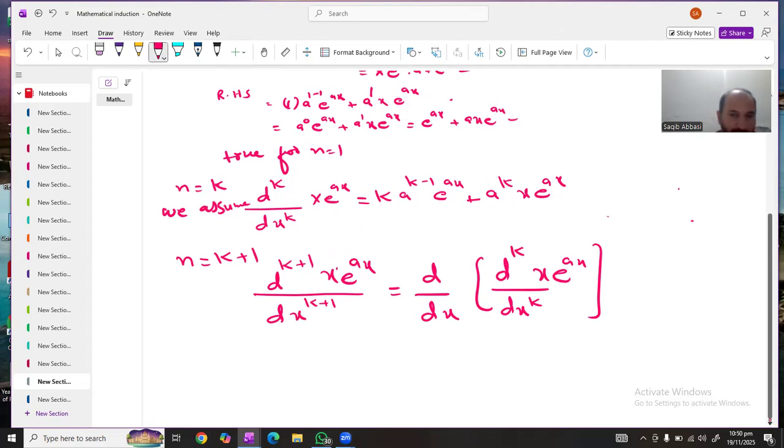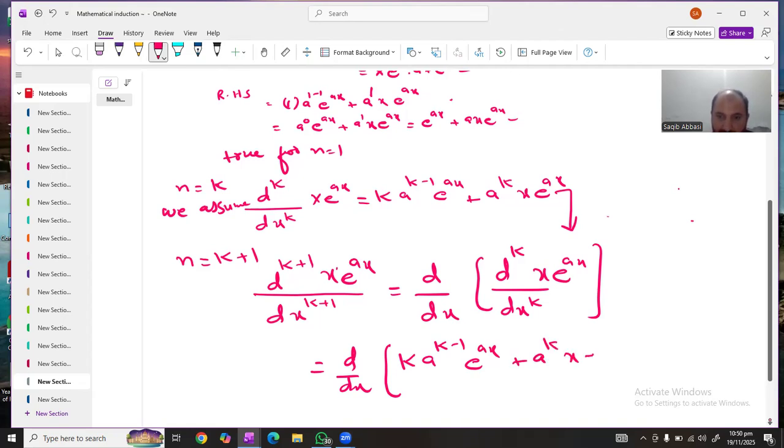We have to know about the indices rules. Now again d over dx. We put this equation from here: k a power k minus 1 e power ax plus a power k x e power ax.